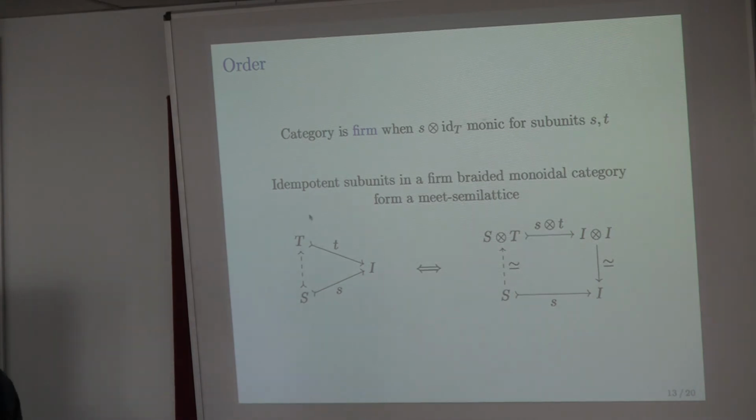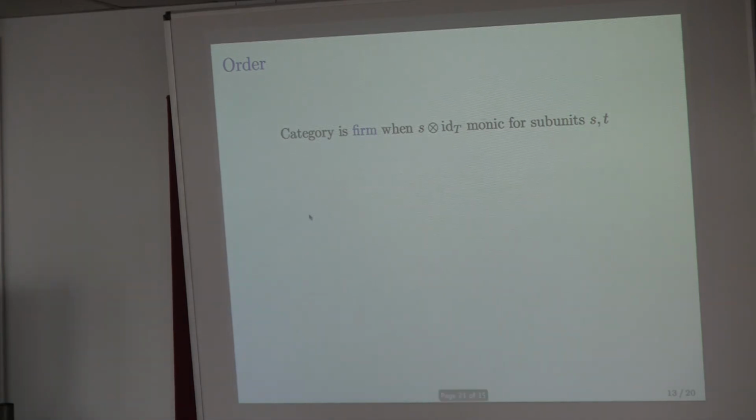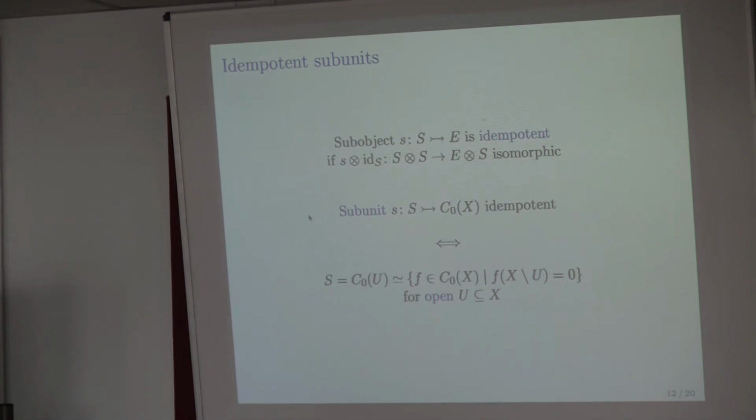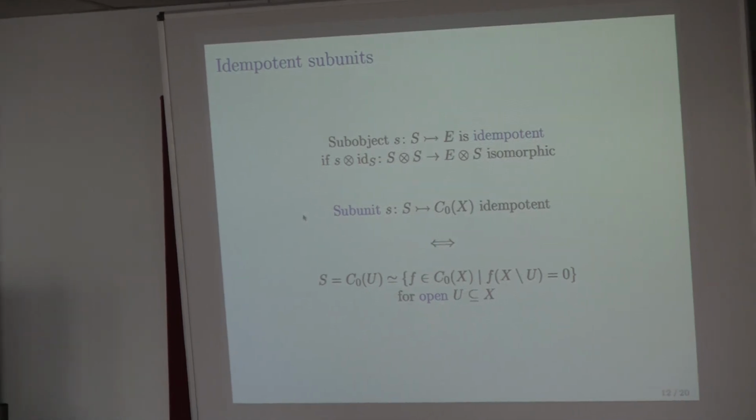Is that meant to be S density? No, this is the right definition. Then what's the T at the right? So S and T are subunits: here's the tensor unit, and a monic map like this is a sub-object that happens to be idempotent.